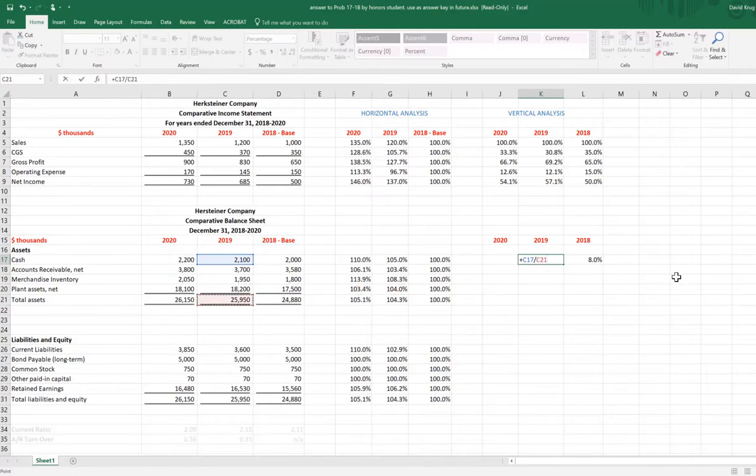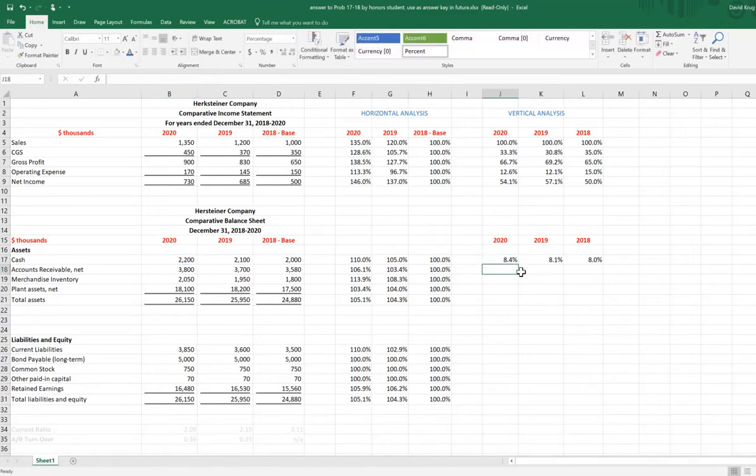You can look up here again. I'm going to push F4 so that does an absolute value. Then lastly, I'm going to do this divided by this number. I'm going to push F4 once.